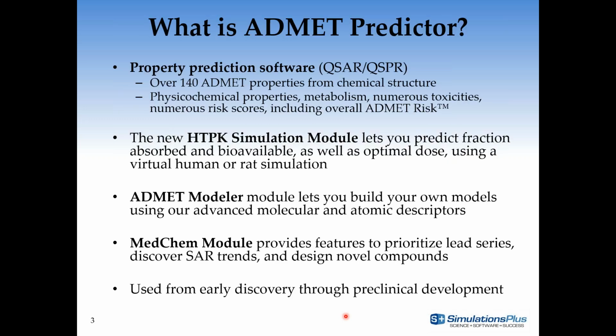Okay, so what is ADMET Predictor? ADMET Predictor is primarily used to predict properties from chemical structure. At the moment, we have something like 140 ADMET properties that we predict. These include physical chemical properties, metabolism, and toxicities, as well as a number of scores that we call risks.